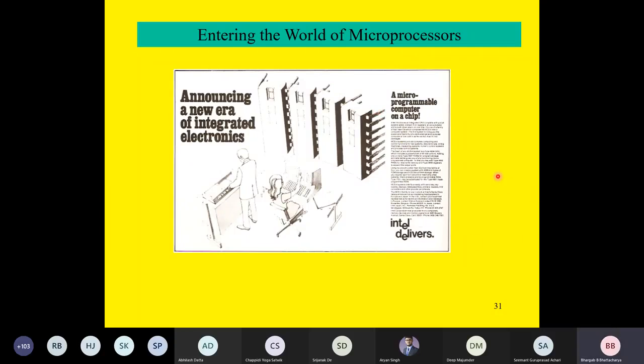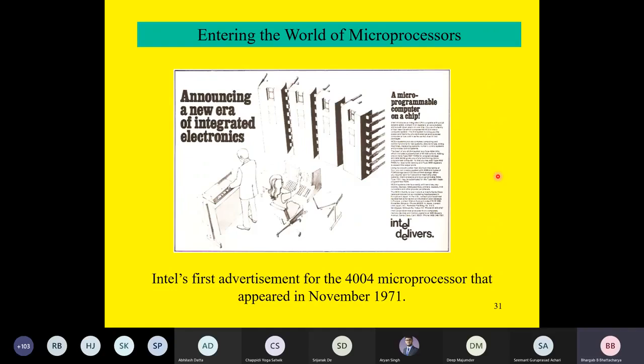So when did Intel announce this first microprocessor? In the 70s. In November 1971, more than 50 years ago now. So Intel first announced this 4004 microprocessor.